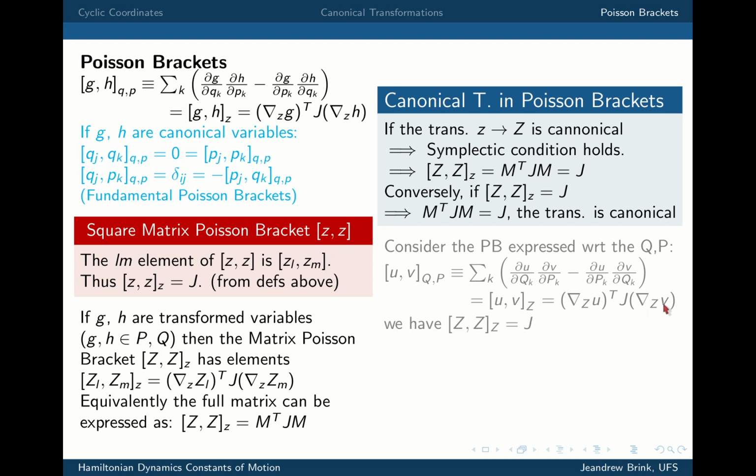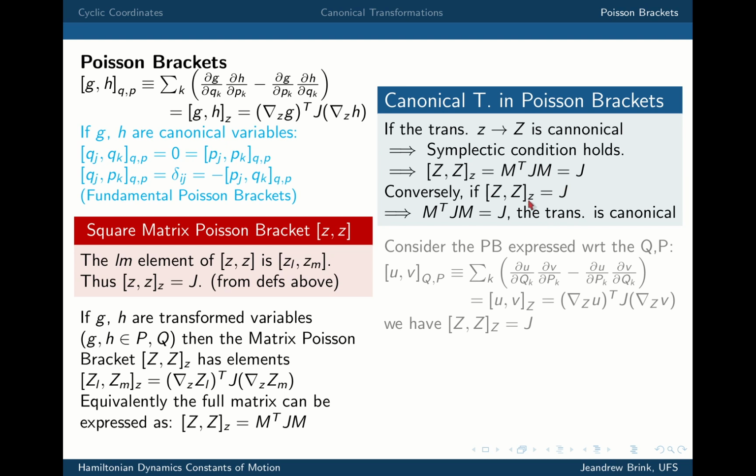If I do that, I immediately have, by exactly the same arguments, that the square matrix Poisson bracket of your new variables with respect to the new variables is equal to J. So at least for your variables, it doesn't appear to make a difference which coordinates you take it with respect to. Whether you're taking it with respect to your new coordinates, the Z, or, if it's a canonical transformation, the old coordinates.